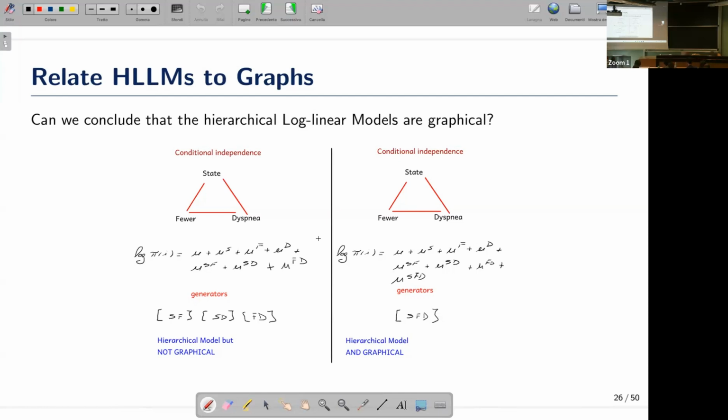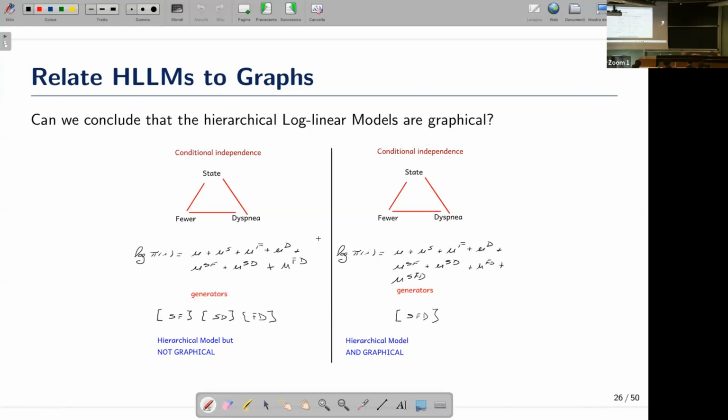Now let's go here. What is the clique of this one? The maximum is the same, right? What are the generators of the hierarchical model? They are SF, SD, and FD. But this doesn't correspond to the clique of the graph.